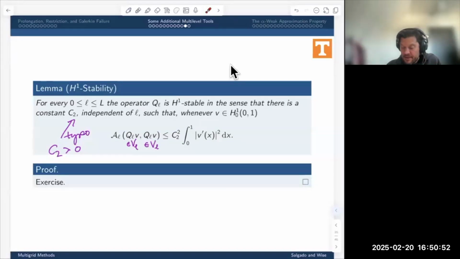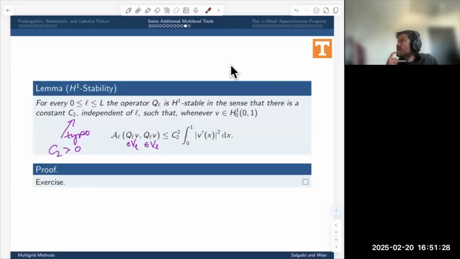Now this object here, it's pretty easy to show. You can say for sure that this is greater than or equal to 0. It definitely has a sign to it. Actually, we can say as long as V is not the 0 function in L2, then this has to be positive.